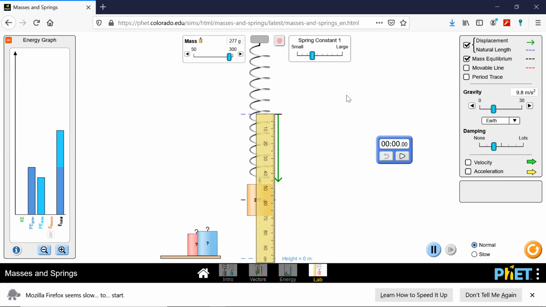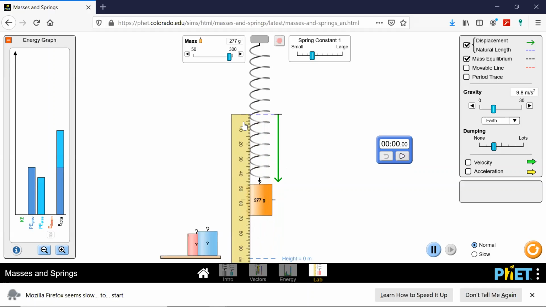Can somebody say it aloud? 48. 48, you said? Yeah, about 48, 46. But you have to look at the hook. You see the hook? That's what you have to look at. Right. 47. Yeah, about that amount.